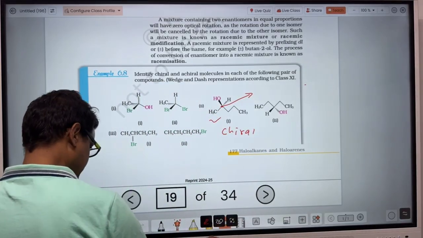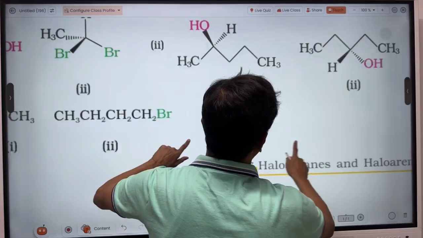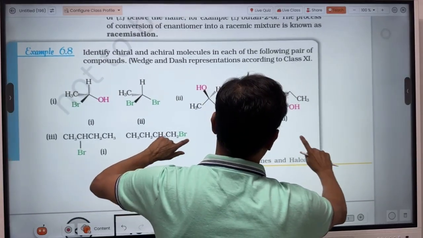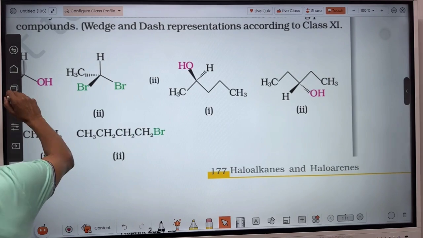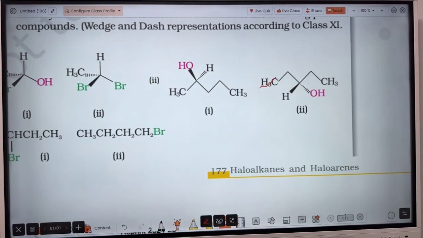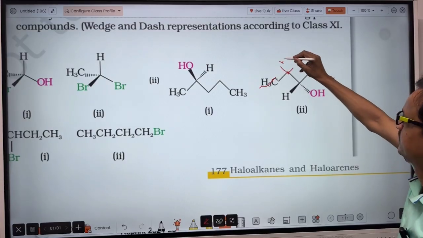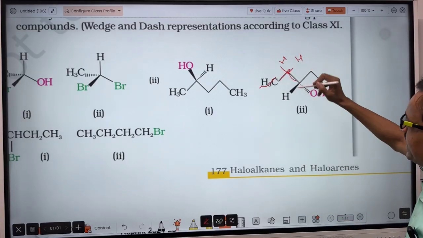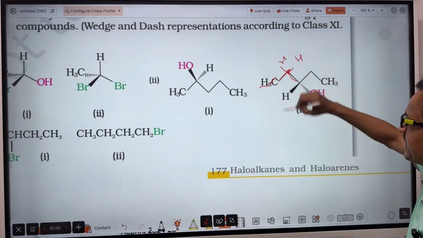Now watch out about this question. Firstly enlarge this one. Now watch out about this molecule. This methyl, because 3 hydrogens are the same, is not asymmetric. This carbon will have 2 hydrogens, because 1 and 2 valency are satisfied, that means the other 2 are hydrogen. So this is not asymmetric.